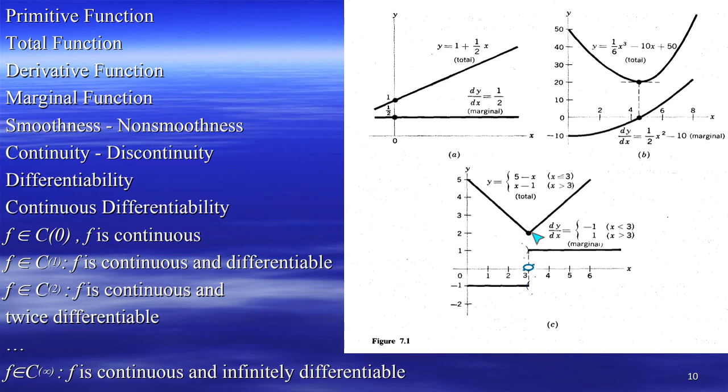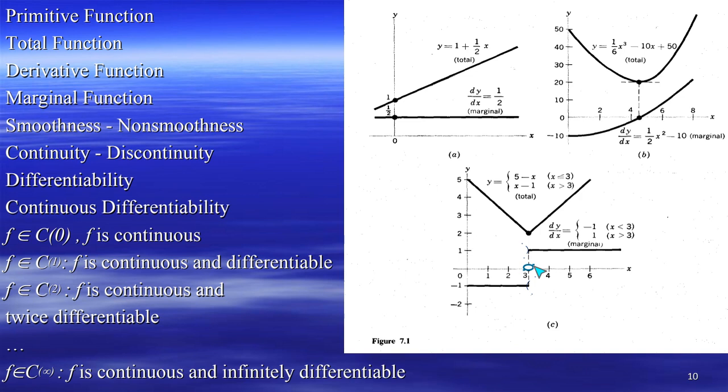Why? Because here we can have tangent lines to this corner, infinitely many tangent lines whose slope would be between minus 1 and 1. It doesn't have one derivative, it has an infinity of derivatives here. So it has no derivative. For x less than 3, its slope is minus 1, its derivative is minus 1. For x greater than 3, its slope is 1, its derivative is 1.